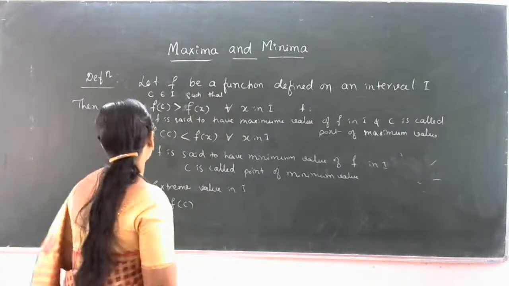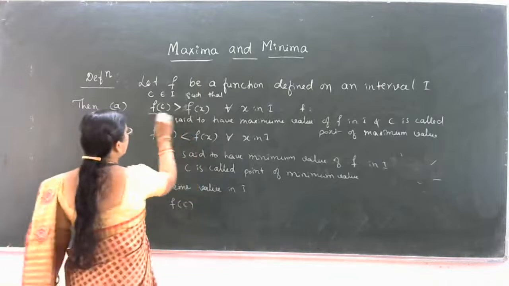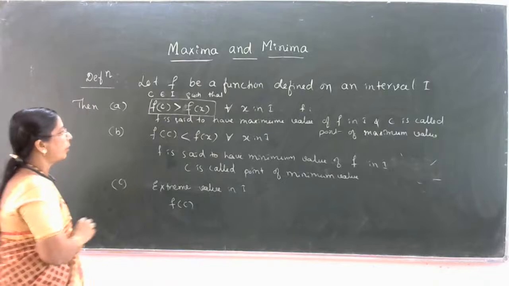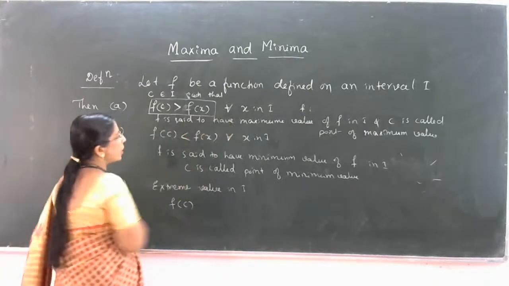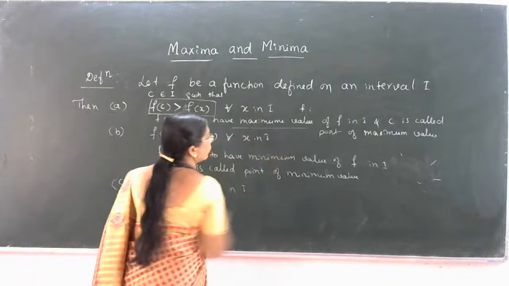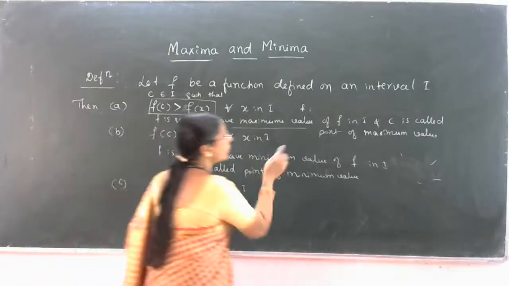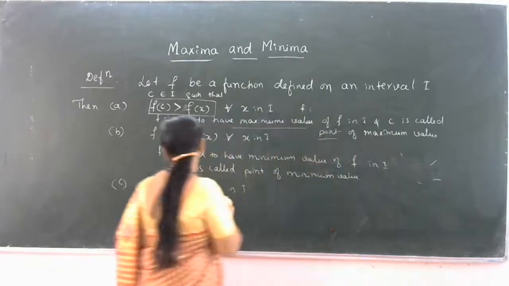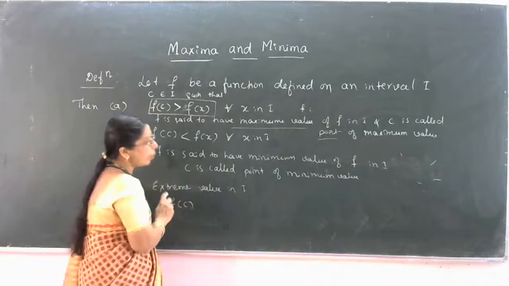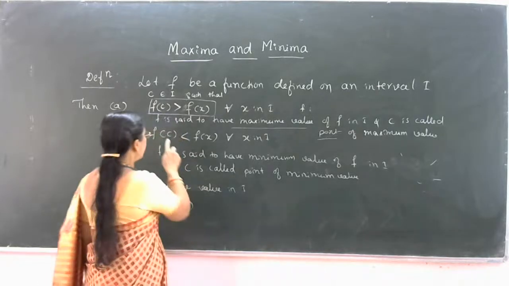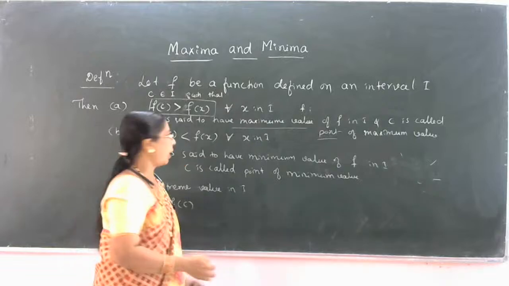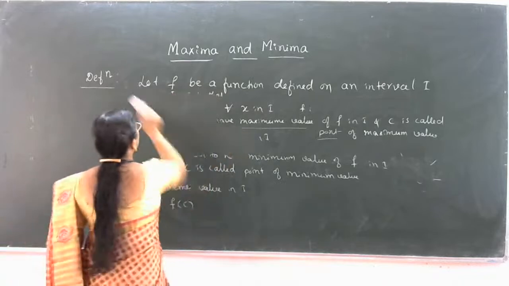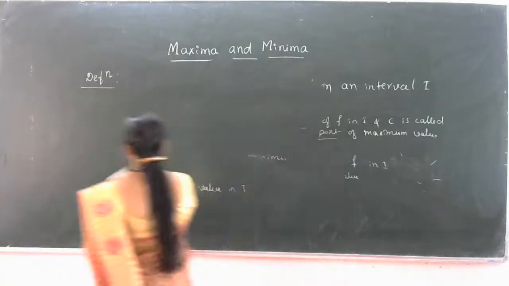Note here: if f of C is greater than f of x in I, then f is said to have maximum value and C is called the point of maximum value. If f of C is less than f of x in I, f is said to have minimum value. Now we know about the graph of these functions.